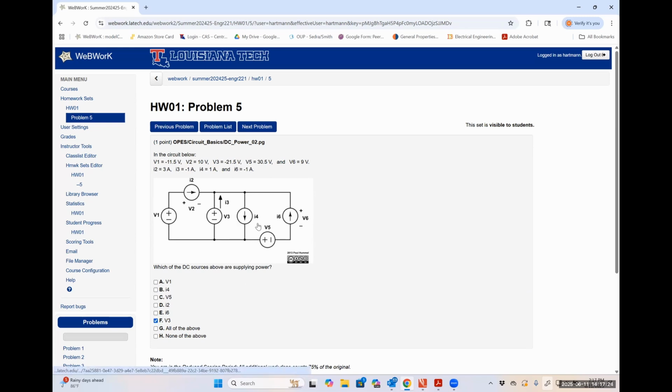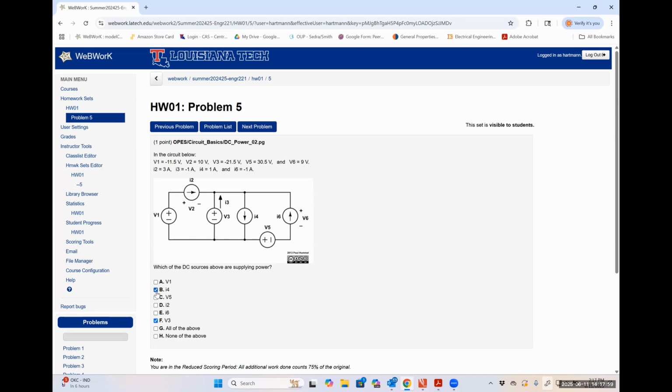Looking at current source I4, because it's in parallel with this voltage source V3, the current is flowing into the positive polarity terminal, out the negative. So I4 times V3 is absorbed power. So we want I4 times V3 to be a negative quantity. I4 is positive, V3 is negative, so we have negative absorbed power, which is the same thing as positive supplied power.